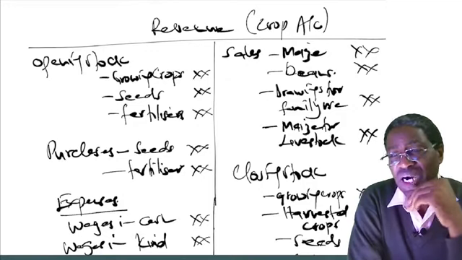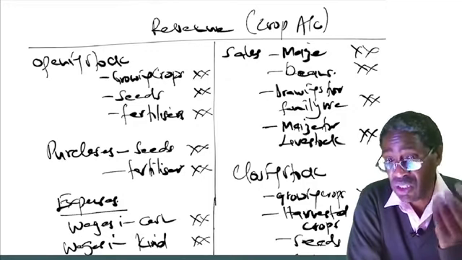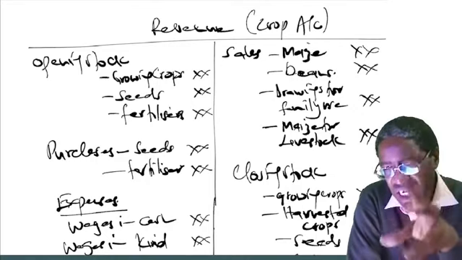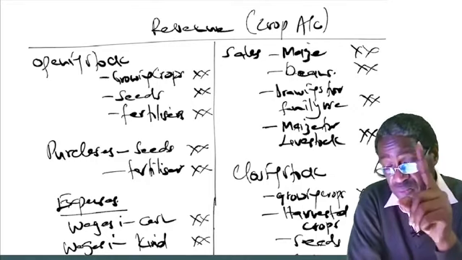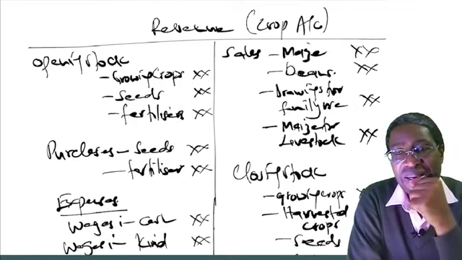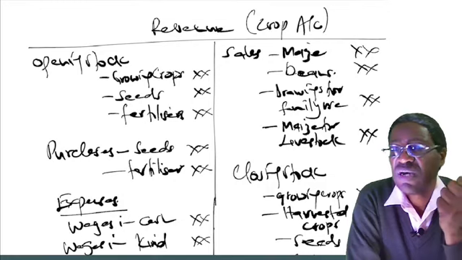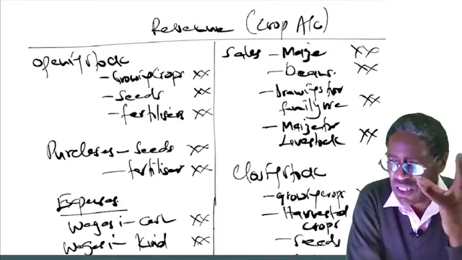Then you come and add purchases of anything relating to the crop. Here we have just assumed seeds and fertilizers, whatever the question will give you.